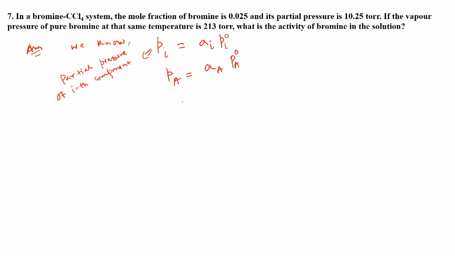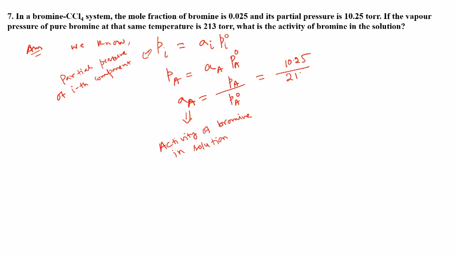Because you have to calculate the activity of bromine, AA is PA by PA naught. So here AA is the activity of bromine in solution. It is given, so 10.25 by 215, and we get 0.047. So this is the answer.